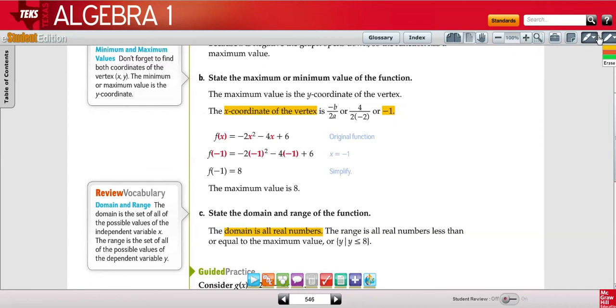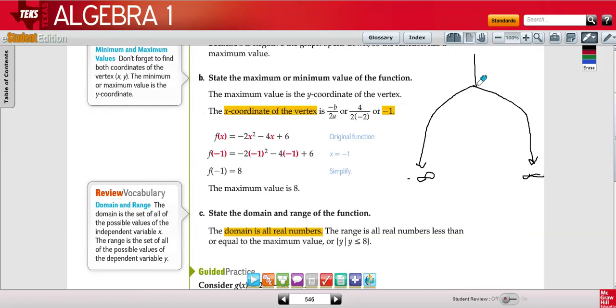If you were to graph that out, we know that a is negative, so our graph would go downward. But since our graph has arrows, it means that our domain values, our x values, are going to keep going from negative infinity all the way to positive infinity. They're going to keep going on and on and on. So our domain is all real numbers.